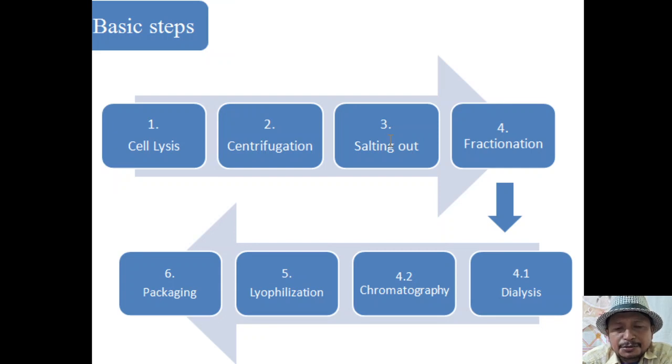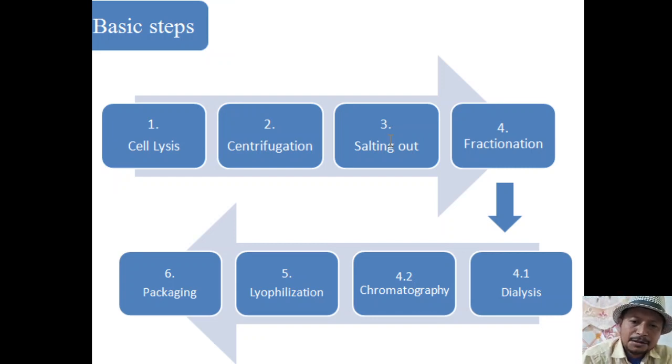As the solubility decreases, our protein of interest is going to be precipitated. So we isolate the precipitate, where our enzyme of interest, including the other proteins and enzymes, is present. The salting out process basically decreases the solubility of our protein of interest.